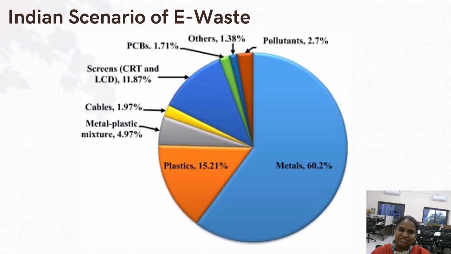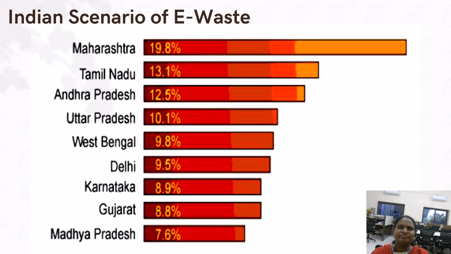Cables is 1.97 percentage. Screens, that is CRT and LCD, cover almost 11.87 percentage. PCB is 1.71 percentage. Others 1.38 percentage. And pollutants are almost 2.7 percentage. So this is the scenario of the e-waste.